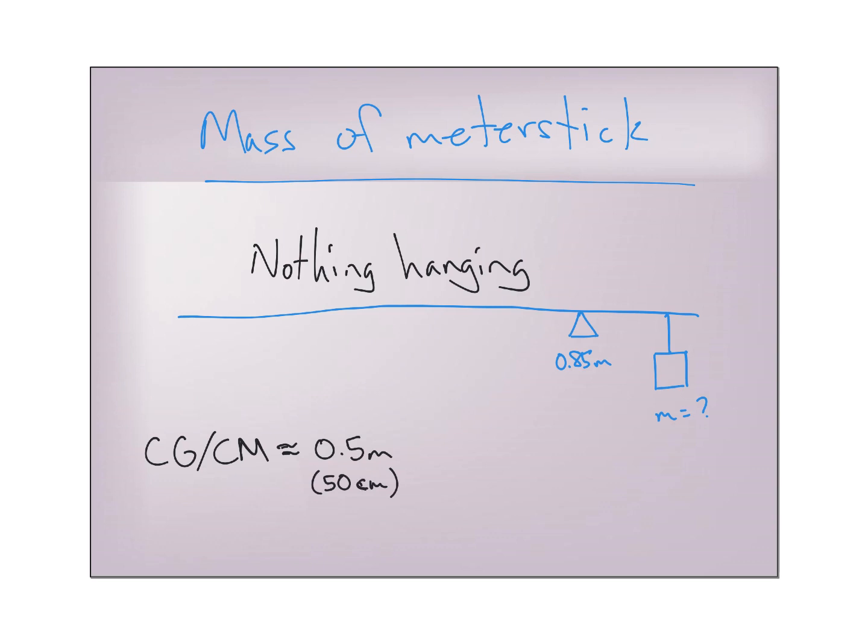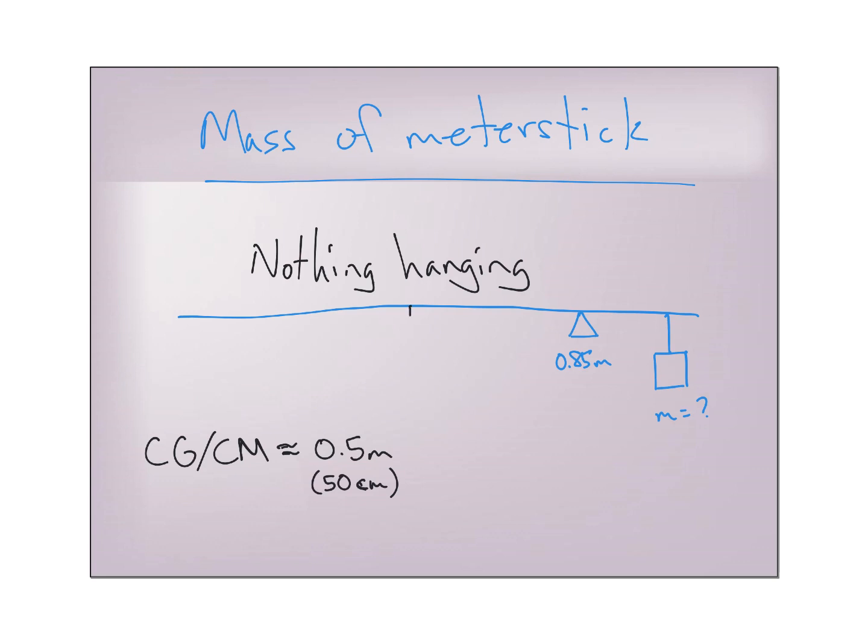Now, yours, it may not be exactly that. If you remember yesterday, some of you had to balance out your meter stick because at the 50 centimeter mark it wasn't balanced. Get it balanced and use the mark where it is indeed balanced. If it's 51 centimeter mark, use that. Okay? Now, here's what that means.